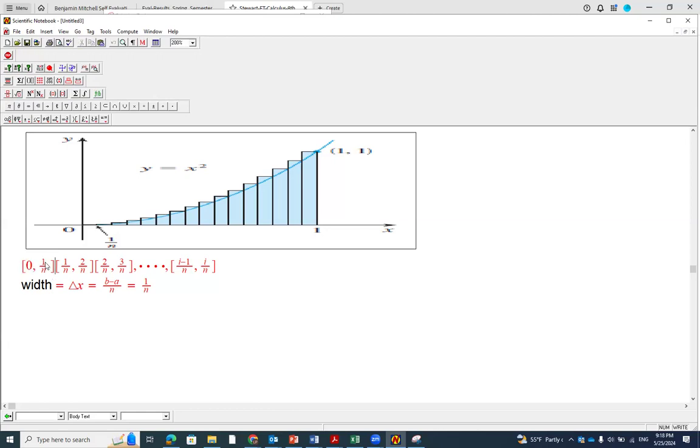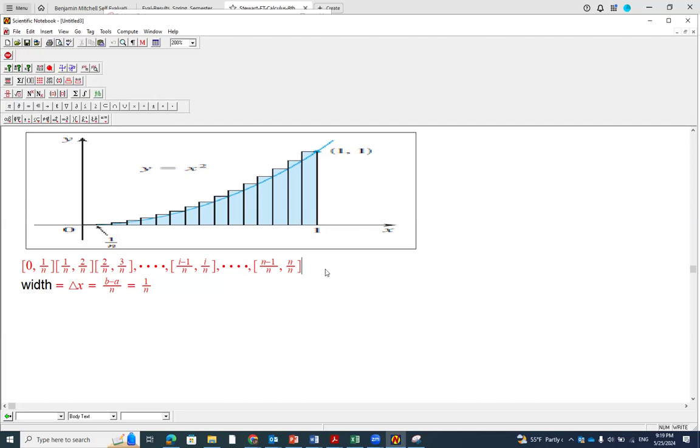If the first interval is 1 over n on the right-hand side, the ith interval will be i over n on the right side. We keep going, and the last one, the nth one, is going to be n minus 1 over n, and the right endpoint is, of course, n over n. So you can see the pattern. We did not do any reduction.